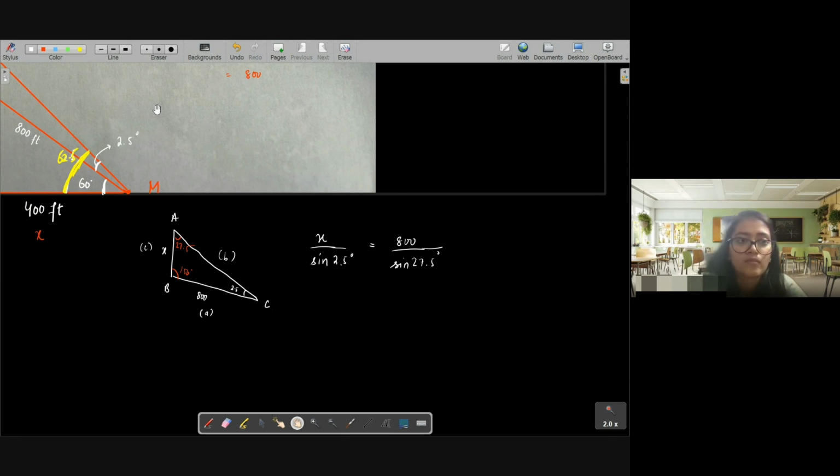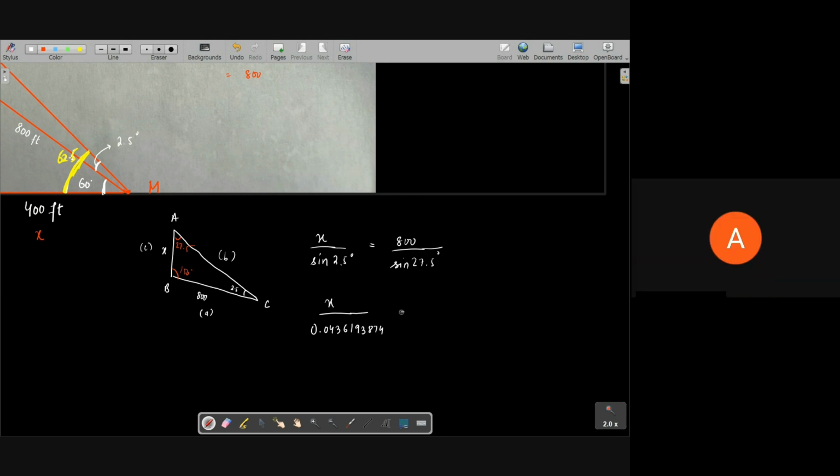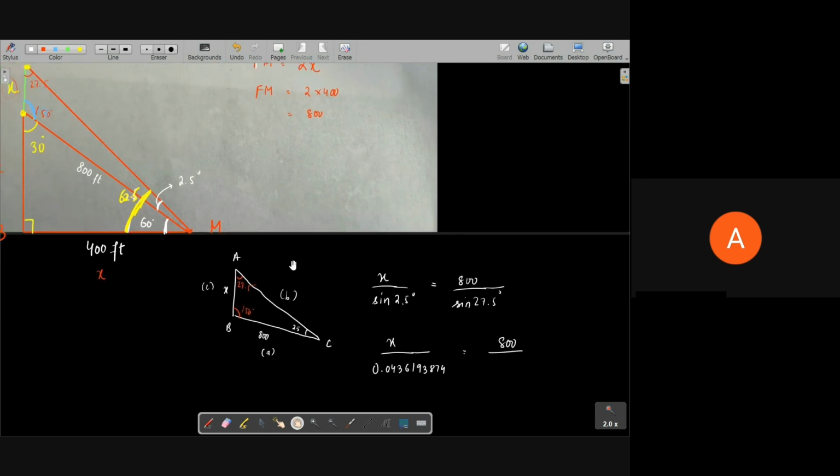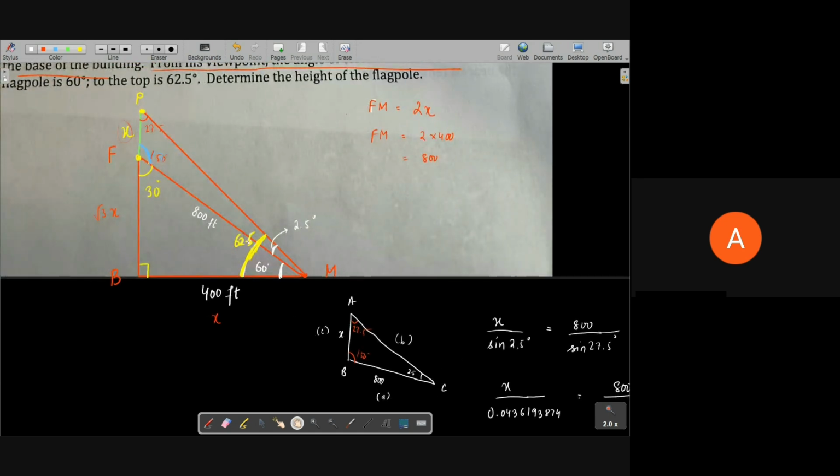Okay, so x over sine of 2.5, again a very big number, 0.0436193874. Wait, when we have a right angle triangle, we can only use cos or sine or tangent to insert the angle in one of those and then solve?